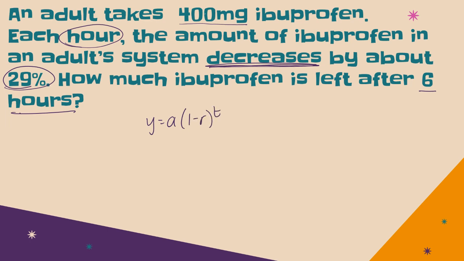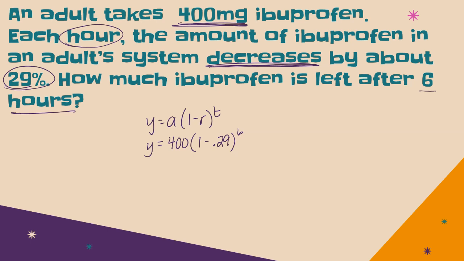Let's start with the 400 milligrams. That's how much you're taking, so that's the starting amount of ibuprofen. We know that it decreases at a rate of 29%, which is 0.29. And the question is, how much is left after 6 hours? Y is our final amount. That's what we don't know, and we're going to find.